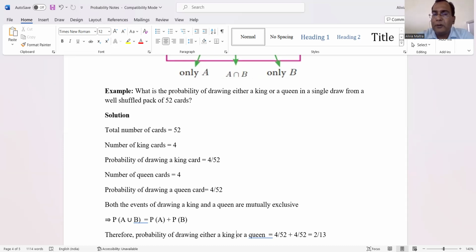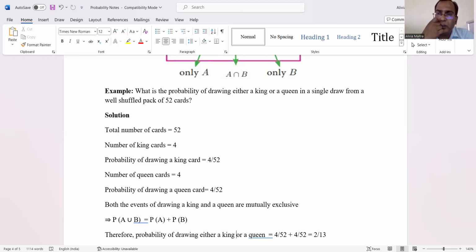Now, what is the question? What is the probability of drawing either a king or a queen? It means we have to find the probability of A union B. Then P(A union B) is equal to P(A) plus P(B). Why have we taken just P(A) plus P(B)? Why is the term P(A intersection B) not coming there?